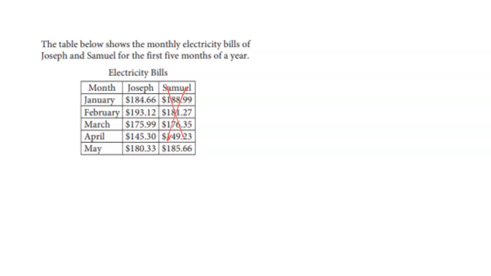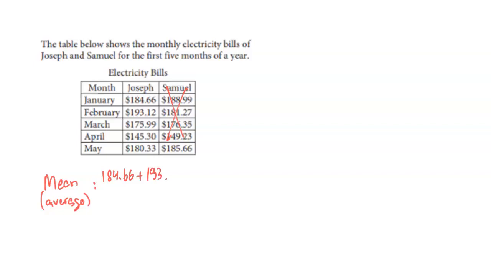And so just a reminder that whenever we find the mean, that's just a fancy word for average. And so to find the average, what we're going to do is add up the total amount of electricity bills for Joseph in all of these 5 months. And so starting with January, that's $184.66.